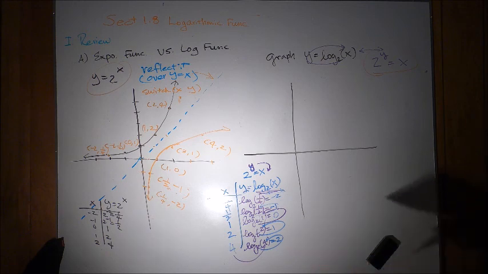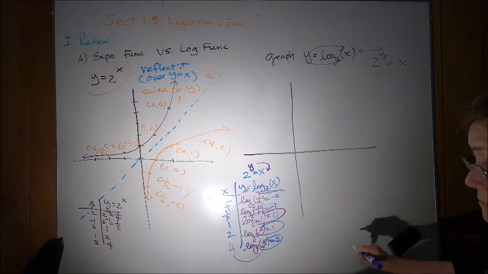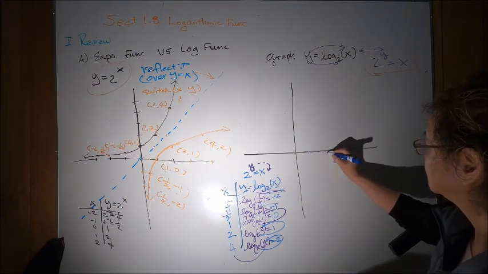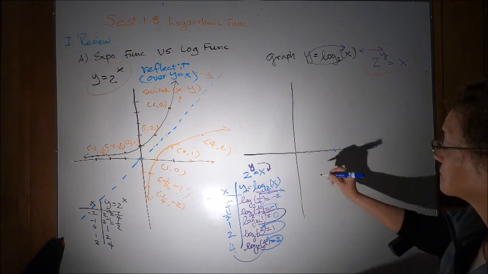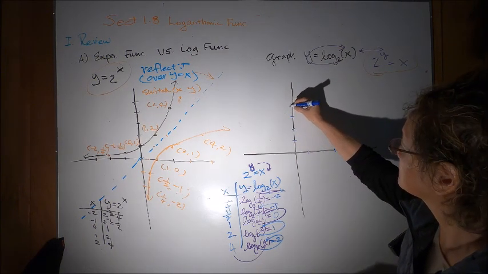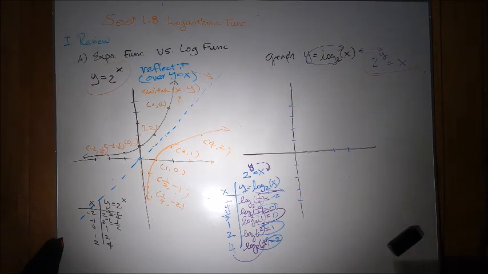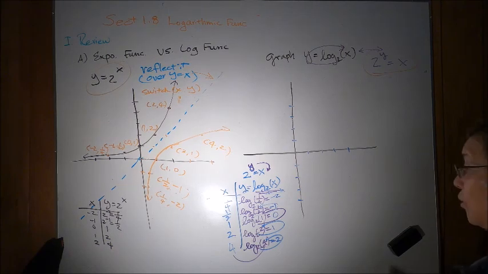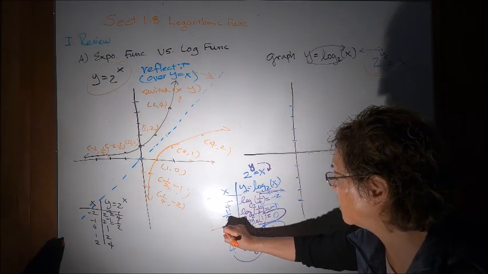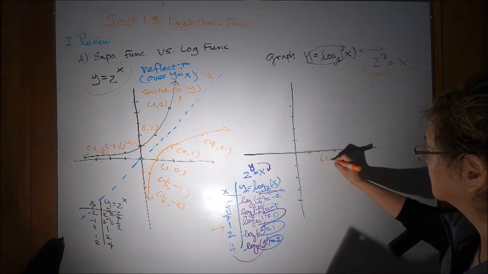According to this, when we graph it, what do we have? Let's take a look. When x is 1, y is 0. (1, 0).